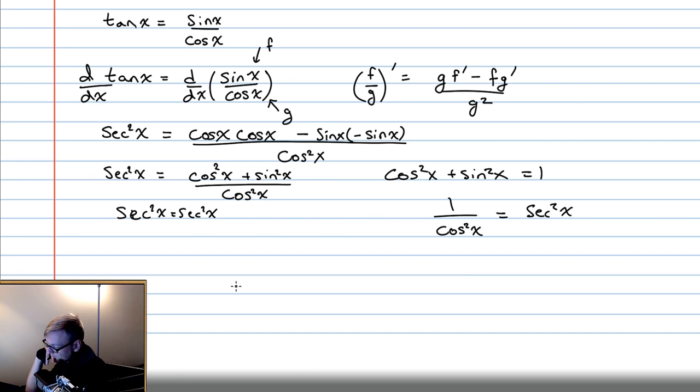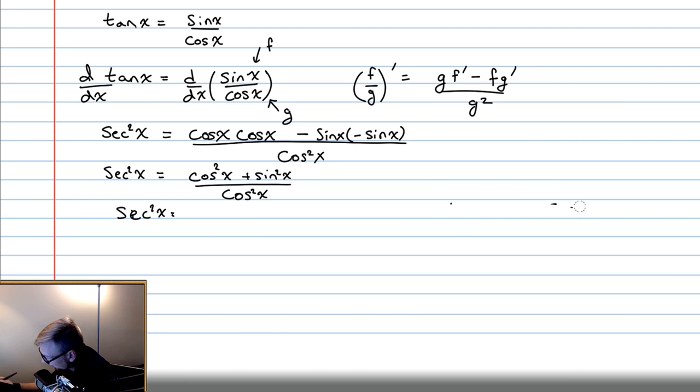What else can we do? What's another way we could write this? Instead of going straight into secant squared equals secant squared, another identity would be, let's split up this little fraction. Cos squared over cos squared is 1, plus sine squared over cos squared.